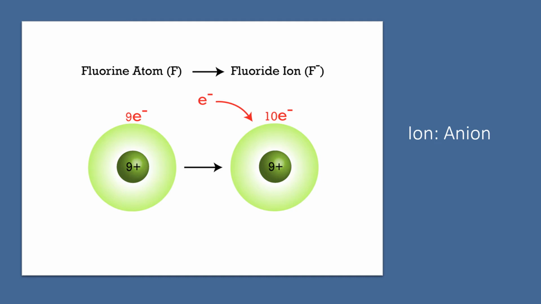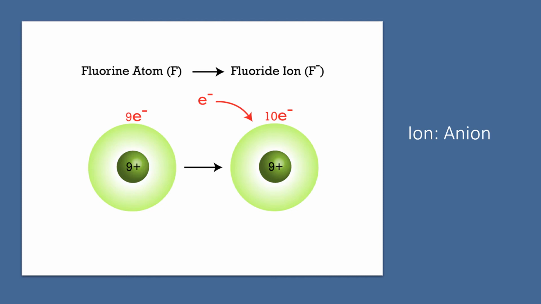So what happens if another electron were to come ahead and attach itself onto the fluorine? Well, this is what an ion is. An ion is when that balance goes away, when there's no more balance between protons and electrons. The difference between them now is not 0.